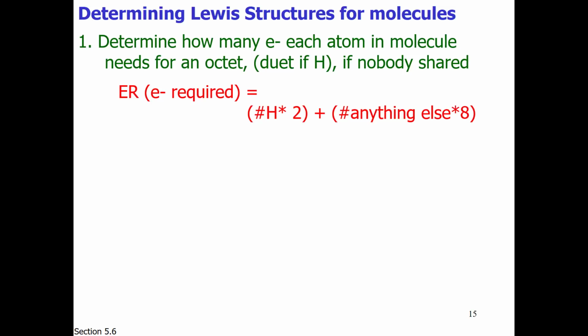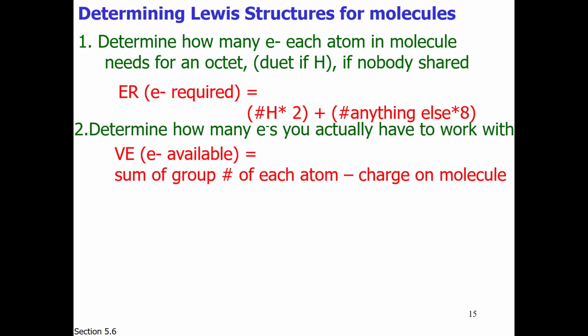There's a set of recommended calculations that you can do that actually will speed things up if you're unsure of what the structure is. Your first job is to determine how many electrons each atom in a molecule needs for an octet, or a duet if it's hydrogen, if nobody's shared. This calculation is known as electrons required. And don't worry, I'm going to demonstrate how to do this in the next few slides.